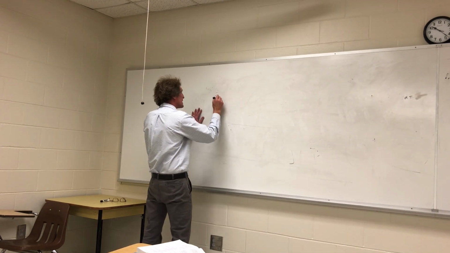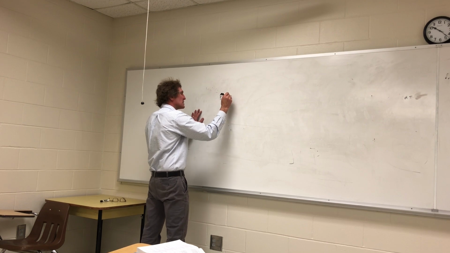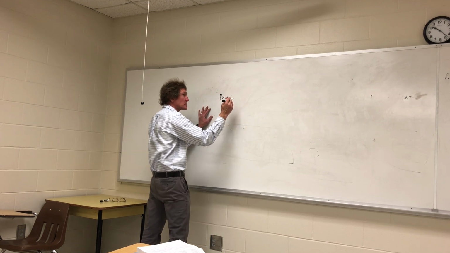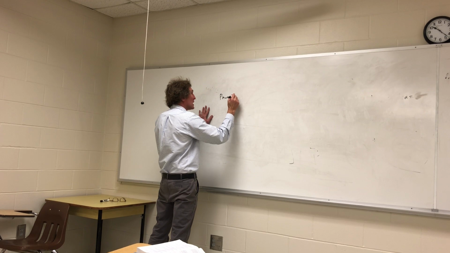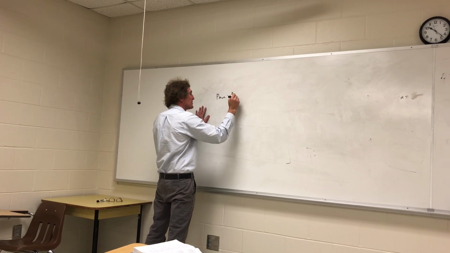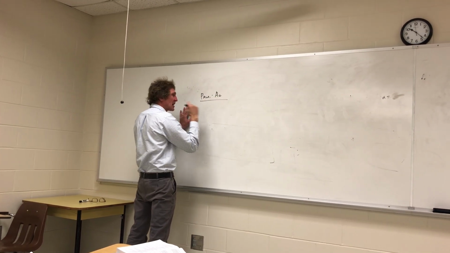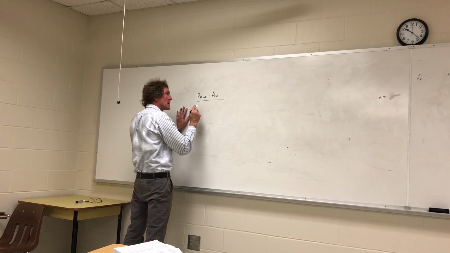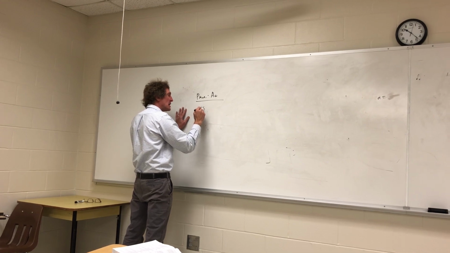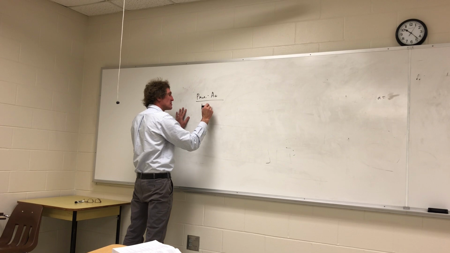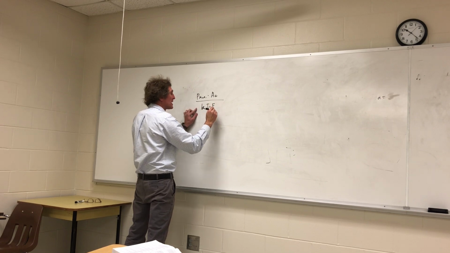What he's gonna have is the average power times the aperture of the antenna. And he'll divide this by K times T0 times F, and then times LS.